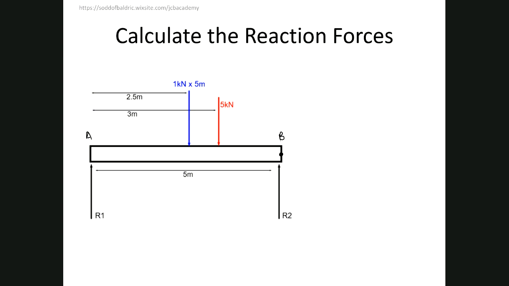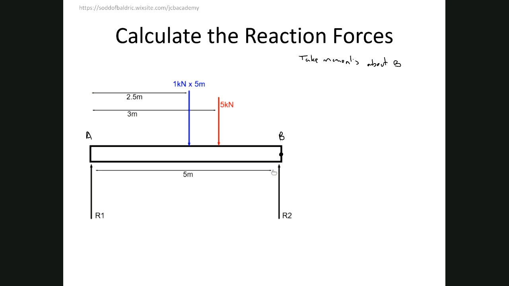So we're going to take moments about B. Now you know me, I always like to do clockwise moments on the left, anti-clockwise moments on the right. And so clockwise moments, looking at this, R1 is going to push this beam clockwise if it's fastened at this end. This force is going to force it to turn in a clockwise direction.